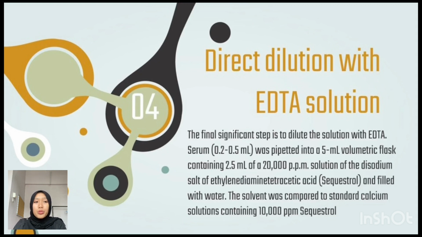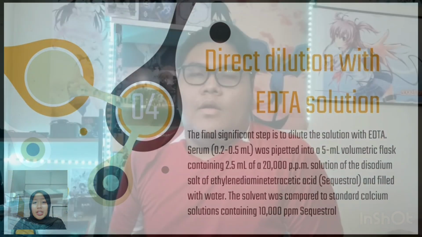Serum of 0.2 to 0.5 ml was pipetted into a 5 ml volumetric flask containing 2.5 ml of 20,000 ppm solution of the disodium salt of ethylene diamine tetraacetic acid and filled with water. The solvent was compared to standard calcium solution containing 10,000 ppm sequestrol.